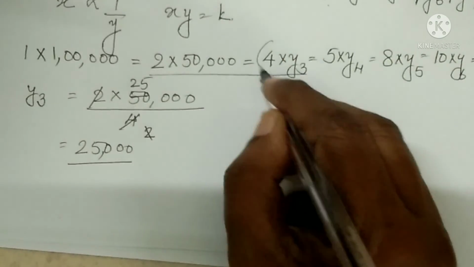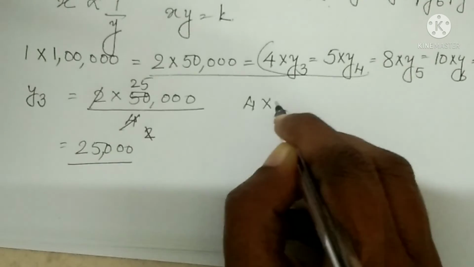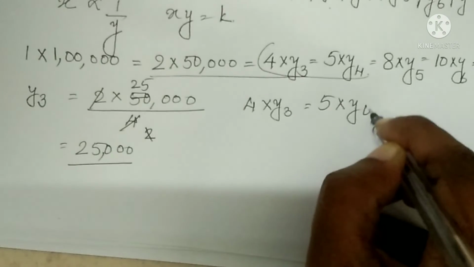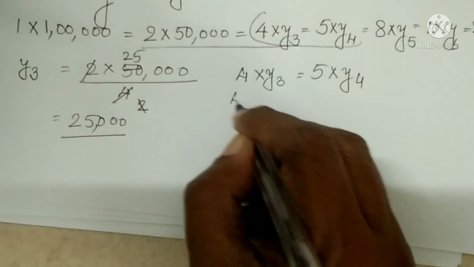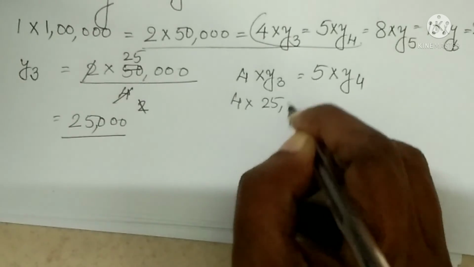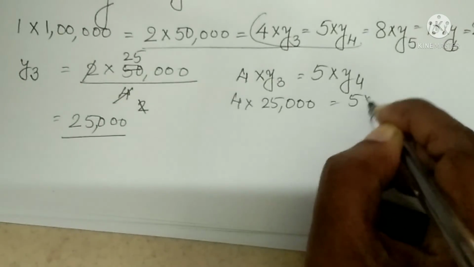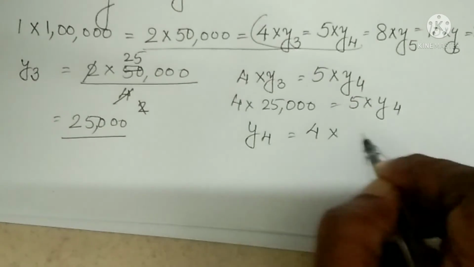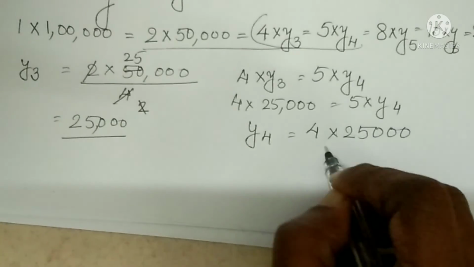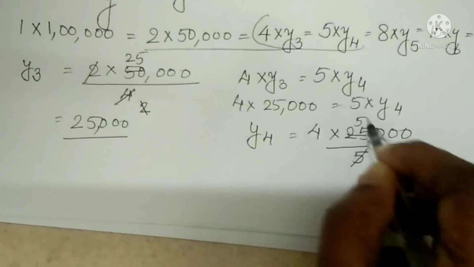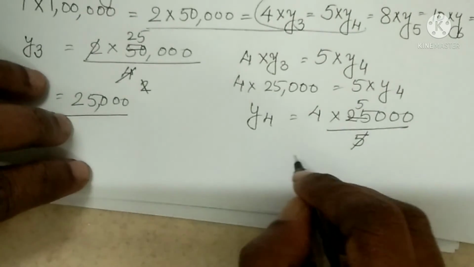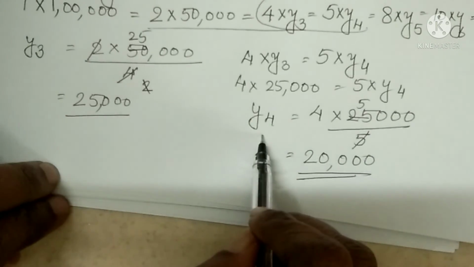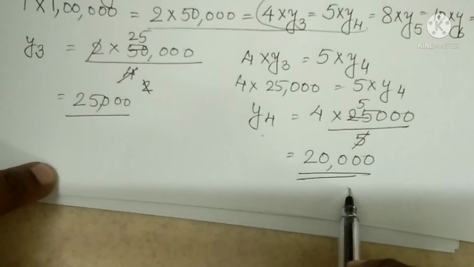Now you can take 4 into Y3 is equal to 5 into Y4. So what is Y3? 4 into 25,000 is equal to 5 into Y4. So Y4 is equal to 4 into 25,000 upon 5. 5 5s are 25, 5 4s are 20. So you get 20,000 rupees. So if there are 5 people, each one will get 20,000.